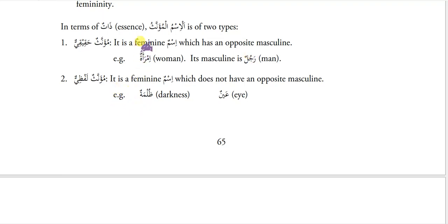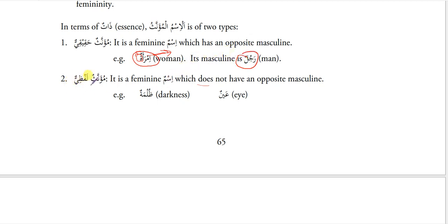For example, imraatun has two signs. One, imraatun has the sign of muannas in it, but there is also another reason for imraatun to become muannas. Why? The opposite gender of imraatun, that is rajulun, is available.